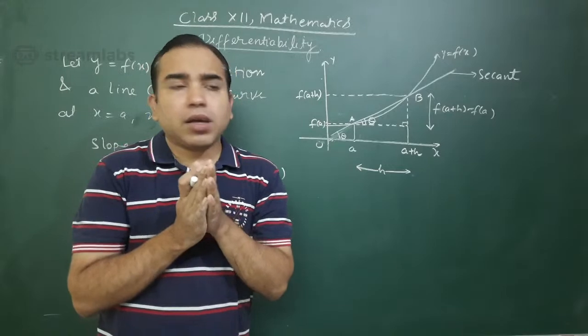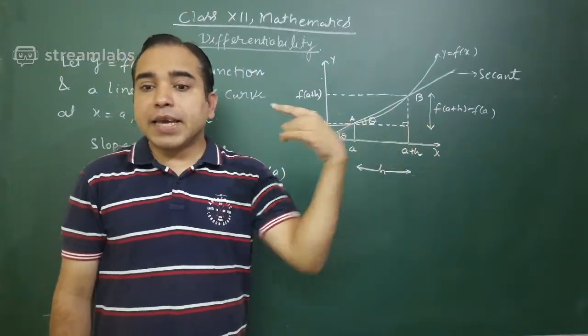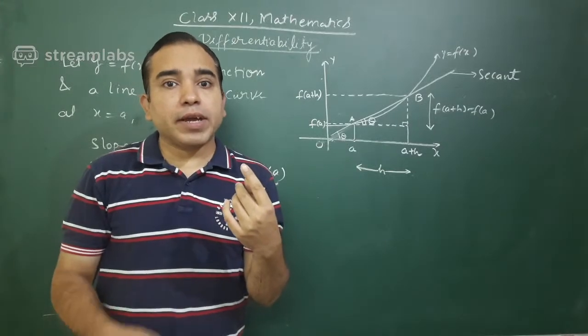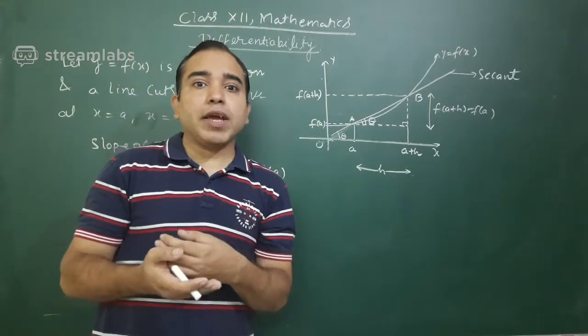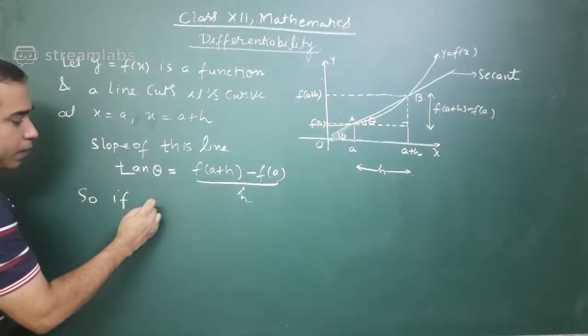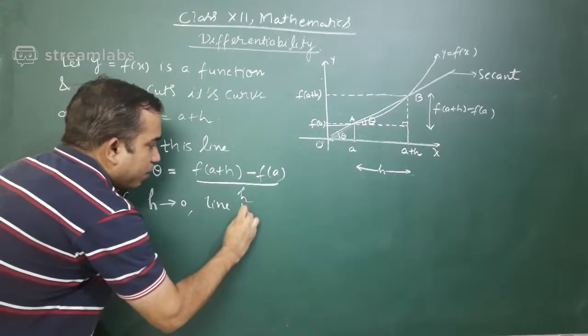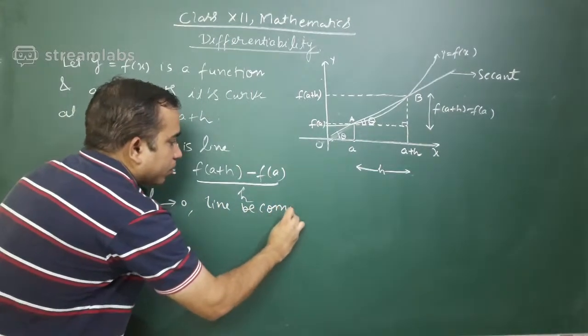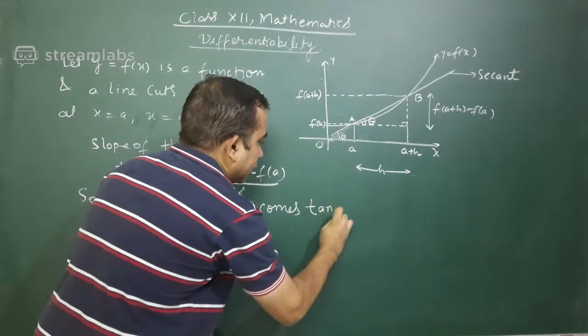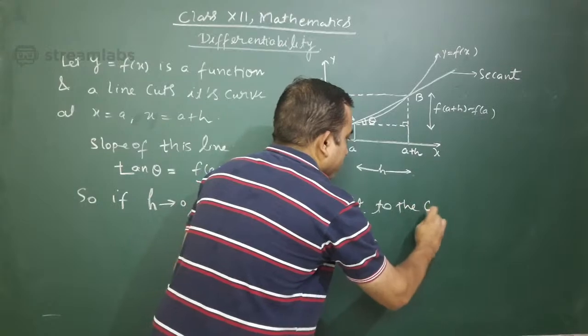Then ये जो लाइन 2 पॉइंट्स पे कर्व को कट कर रही है, ये एक ही पॉइंट पे कट करने लगी और हम बोलेंगे टच करने लगी, तो हम इस लाइन को क्या बोलेंगे? टेंजेंट बोलेंगे. So if h tends to 0, line becomes what? Tangent. And tangent to what? Tangent to the curve.